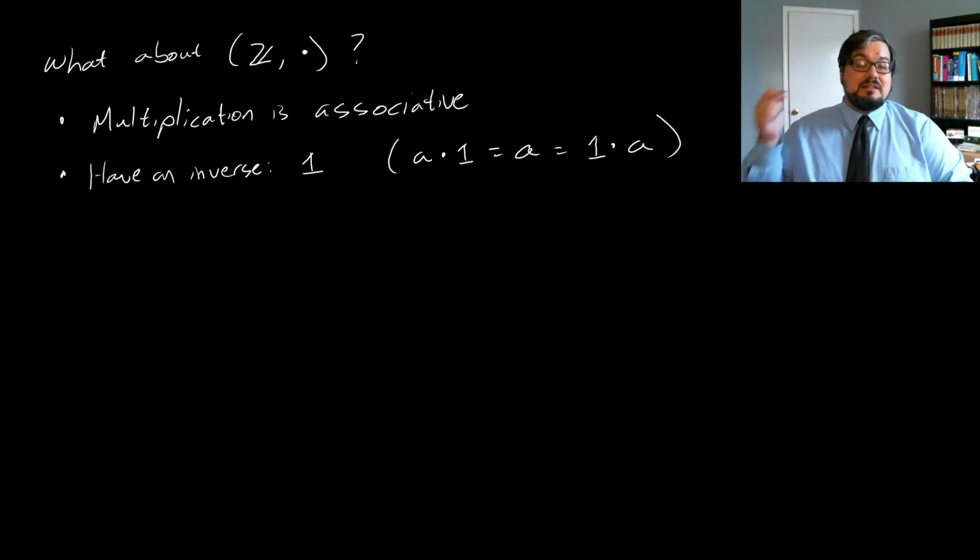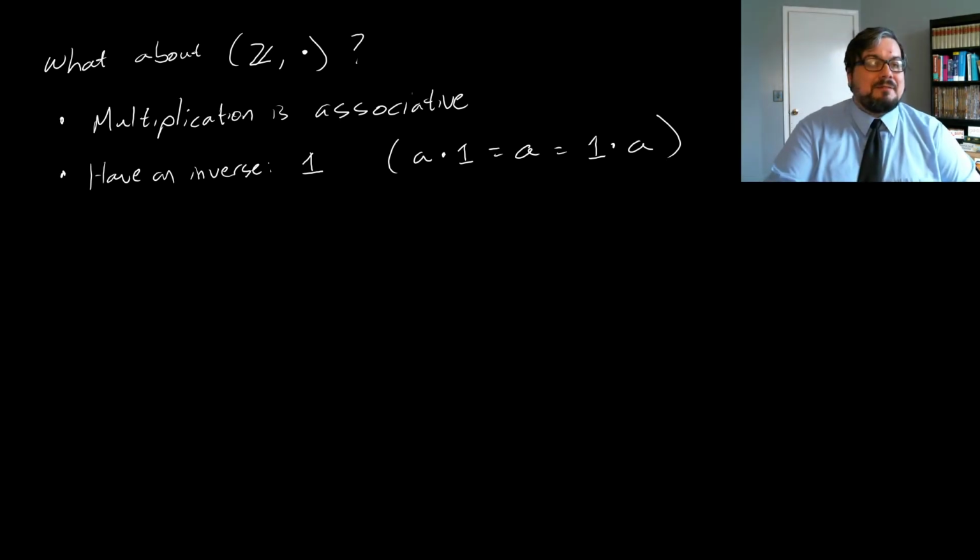So we've got associativity. We've got inverses. Sorry, we have an identity, not inverses. We have an identity, which is 1. But the point is we don't have inverses.